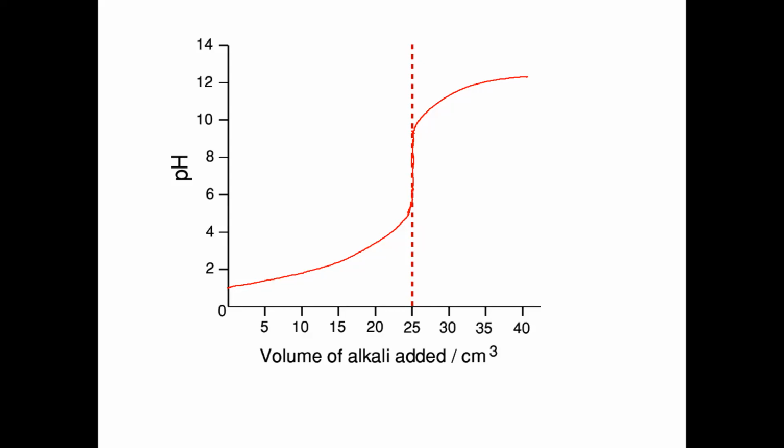So the problem was how we can locate this point because it is not visible. So this is the neutralization region for every acid, strong or weak, for every alkali, strong or weak. We will get a sketch like that. But the neutralization region will be different.